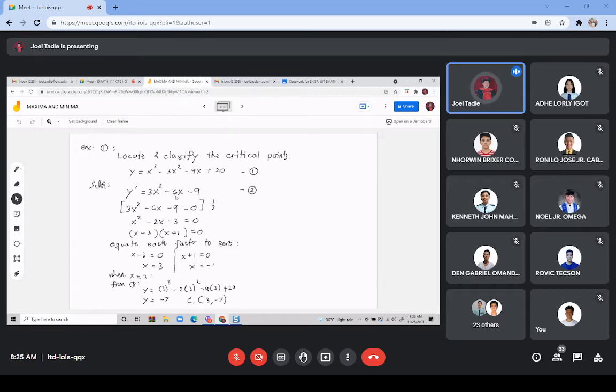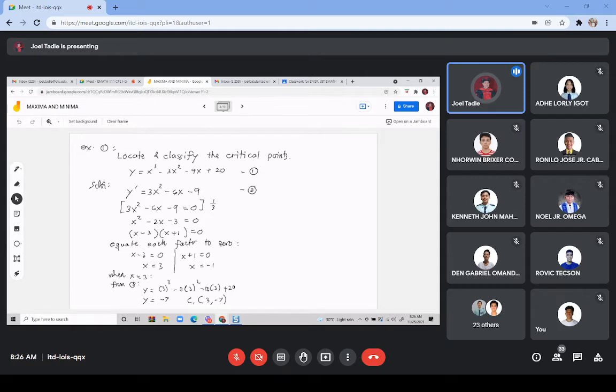Then from equation number 1, we can solve or we can determine the value of y. Using x equals positive 3, our y is equal to negative 7. Therefore, our first critical point is at point 3, negative 7.